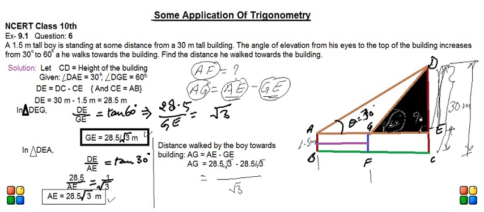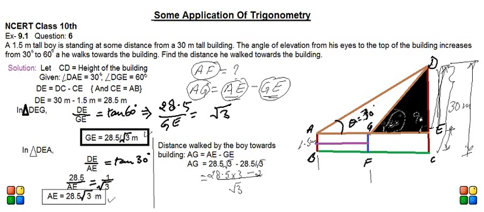Root 3 divided by 1 gives root 3, and 28.5 into root 3 into root 3 is 28.5 into 3 in the numerator. In the next part, root 3 divided by root 3 is 1.